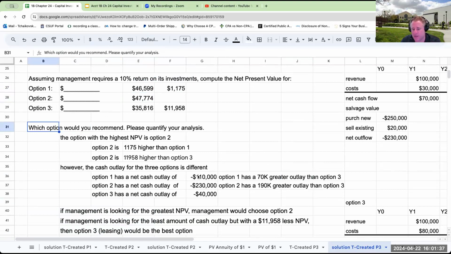If management has a concern about the cash outlay, because remember, when we purchase equipment, that's money we can't pay salaries with. So you have to be very, very mindful of other factors beyond just the highest net present value.